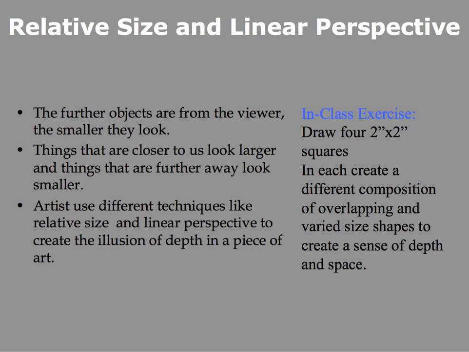Artists use different techniques like relative size and linear perspective to create an illusion of depth in a piece of art. So, as an in-class activity, draw 4 roughly 2 by 2 squares on a piece of paper and fill each one with a different composition of overlapping shapes, and see if you can vary the sizes of them to make some seem closer to the viewer and some further away.